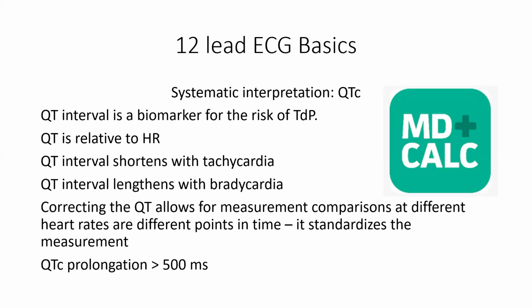So we would expect the QT interval to become shorter when patients have higher heart rates, and that QT interval can lengthen when patients have slower heart rates. We measure QT and then correct it for heart rate. I use the MDCalc, and the definition of corrected QT prolongation is greater than 500 milliseconds.